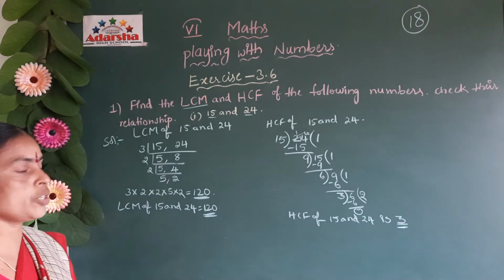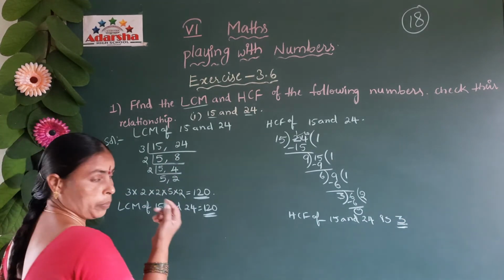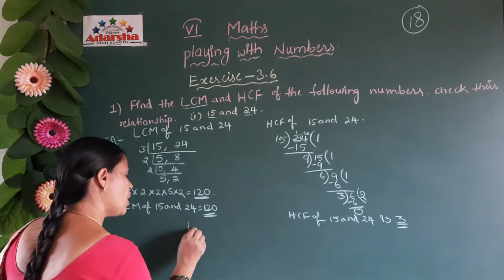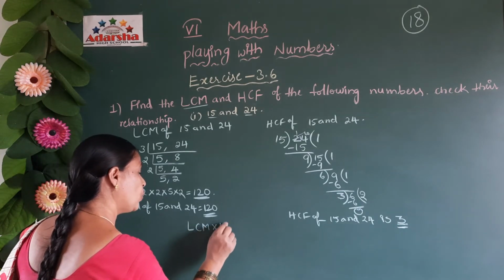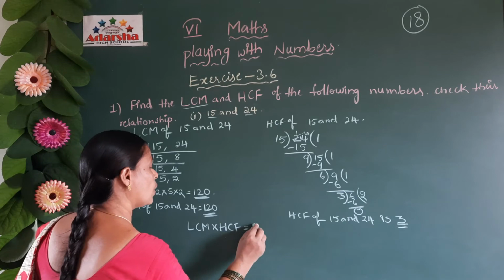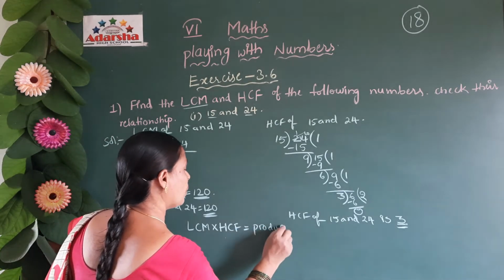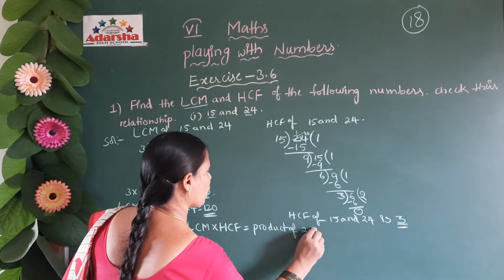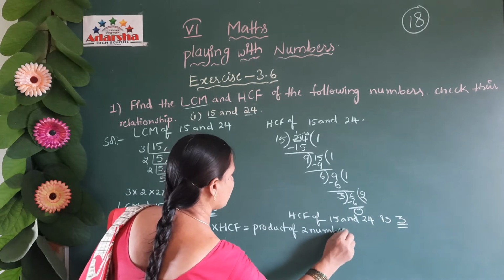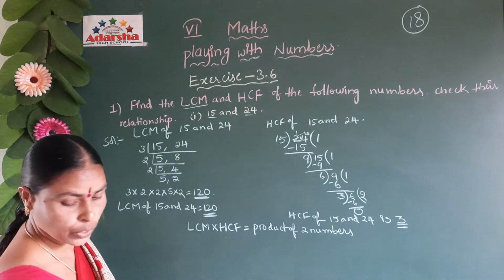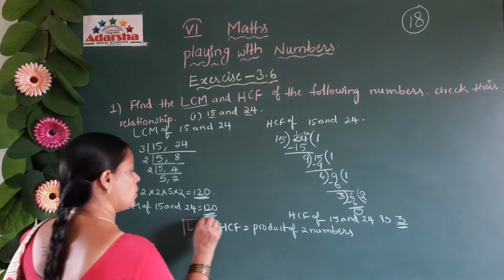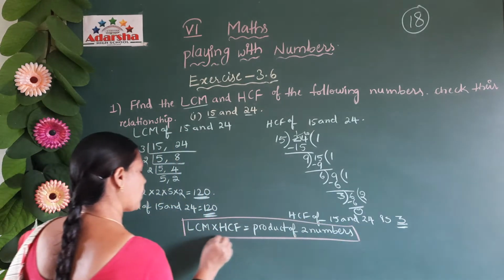Next, check their relationship. What is the relationship between LCM and HCF? LCM into HCF is equal to the product of two numbers. This relation you have to check.